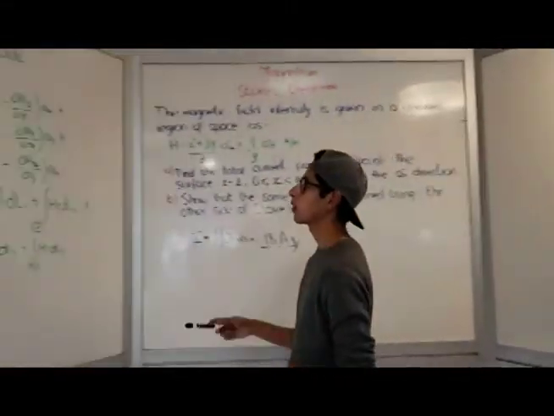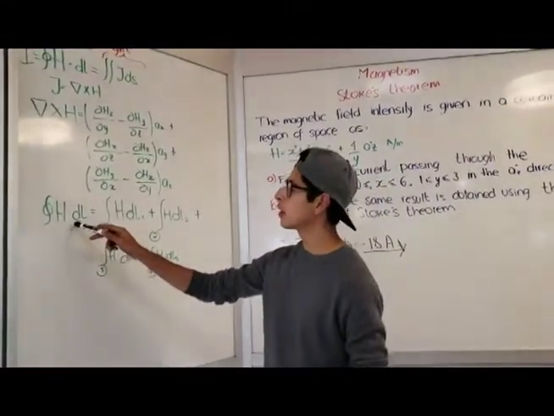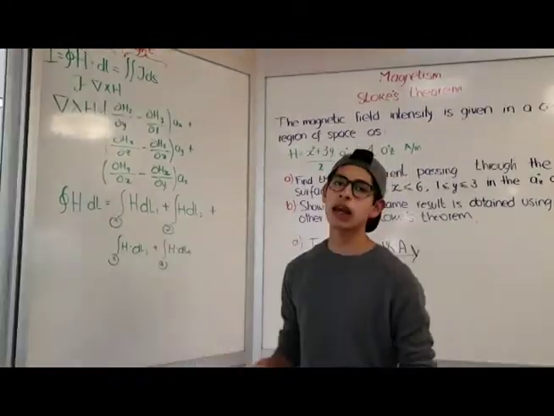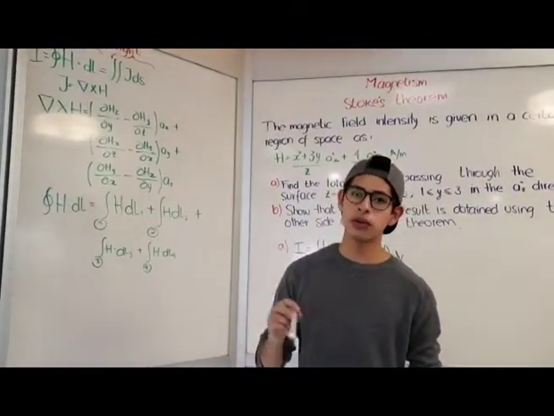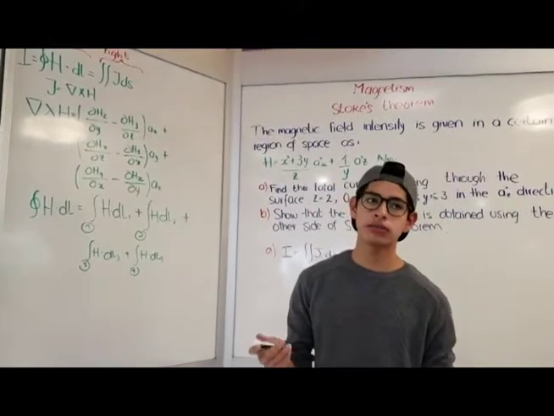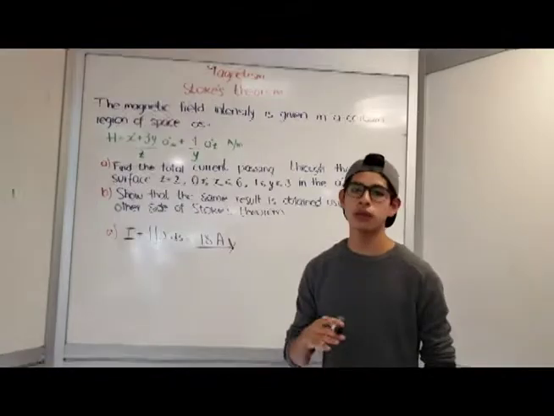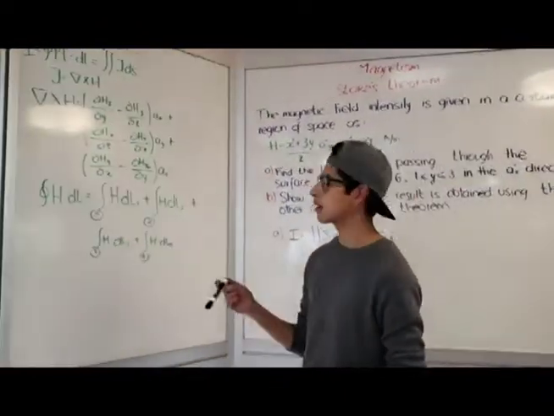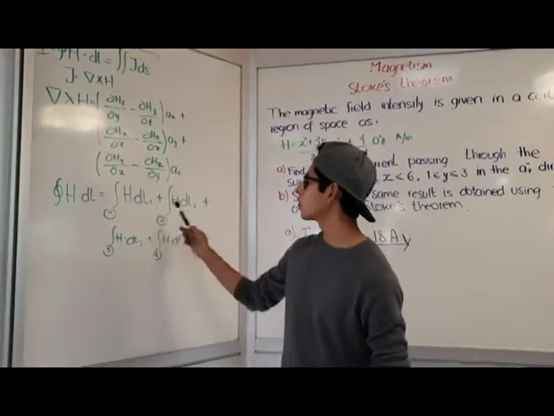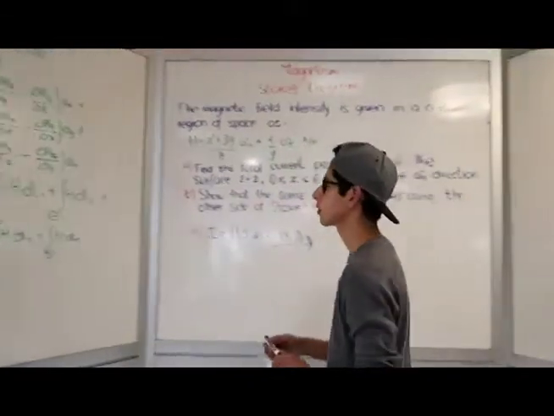We are going to be using this equation, H dot product dl. This is a line integral. We need to draw or sketch the points that they are giving us to get the directions of the x, the y, and the z. And this is a line integral, so we need to make 4 of these.